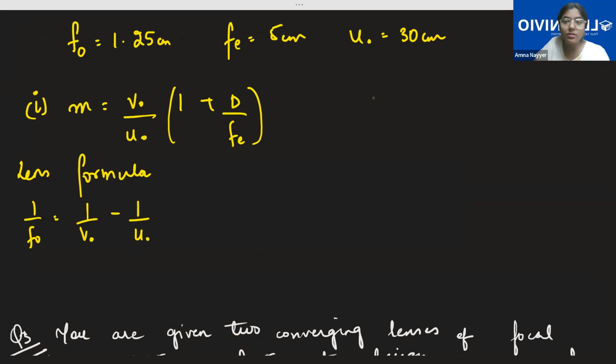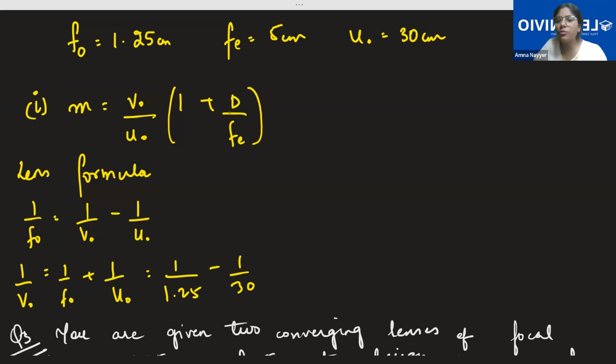Now here I'll have to insert the sign convention. U will be negative. So 1 by V naught will be 1 by F naught plus 1 by U naught, which will be 1 by 1.25 minus 1 by 30. So you will have to calculate the value of V naught and insert it here. The rest of it you don't have to put any value. Sorry, you don't have to put any sign convention.